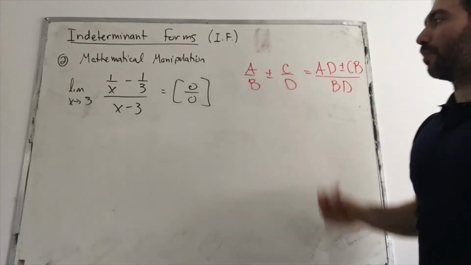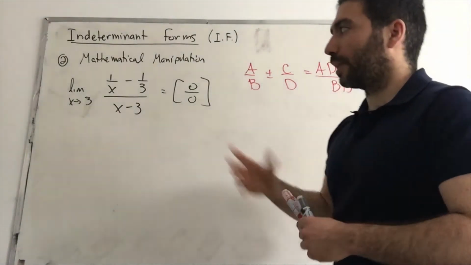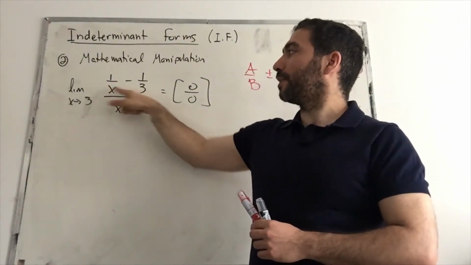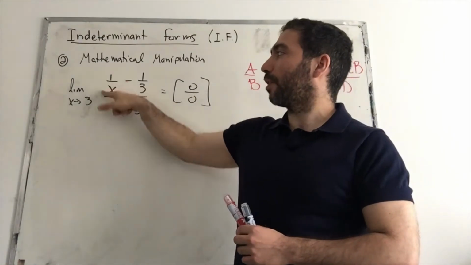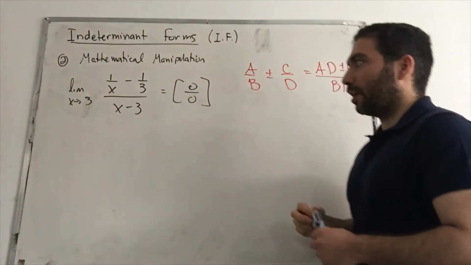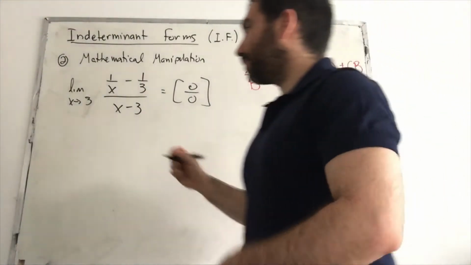So this property would always work whenever you're adding or subtracting fractions. Or at the same time, you can do it like in high school. I don't know how you guys learned it, but here you have to match the bases. So here you're missing a 3, so you multiply the top and the bottom by 3. Here you multiply the top and the bottom by x, and then we have the same denominator. So both methods are fine.